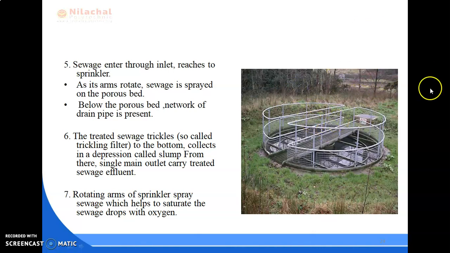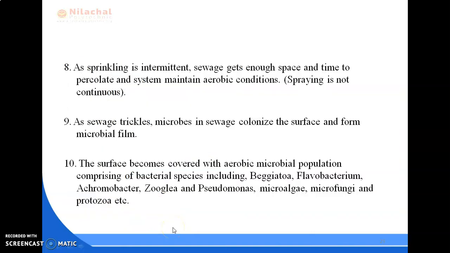As shown in this figure, these are the sprinklers through which the sewage is sprinkled onto this bed, and the filtrate passes through this bed slowly. These rotating arms of the sprinkler spray sewage, which helps to saturate the sewage drops with oxygen.